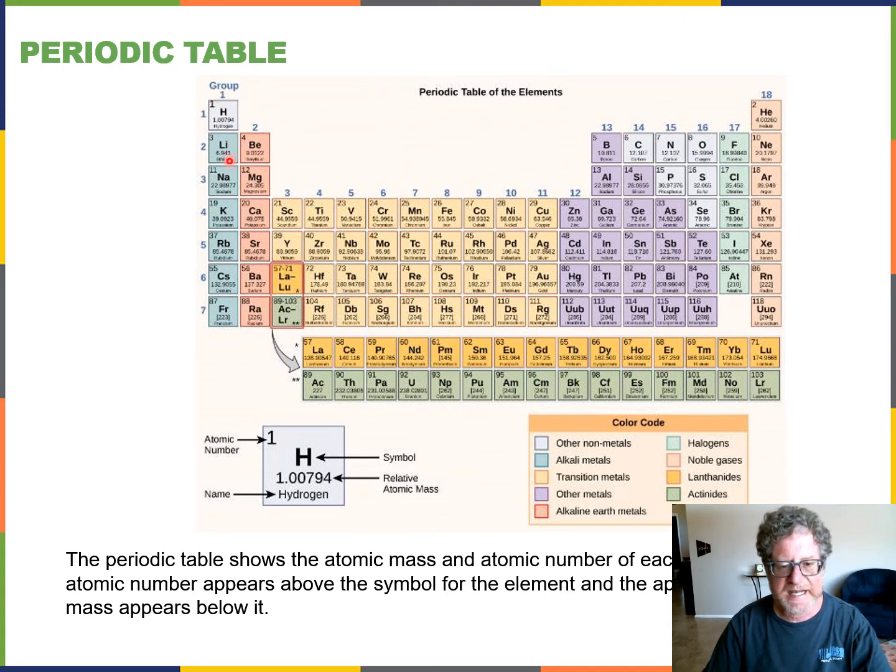If you go down, they're arranged going up and down by the number of electrons in the valence shell, in the outer orbital shell. We'll come back to that. Even though there are 92 naturally occurring elements, the living cells only have a subset of those elements, and we'll look at them in a minute.